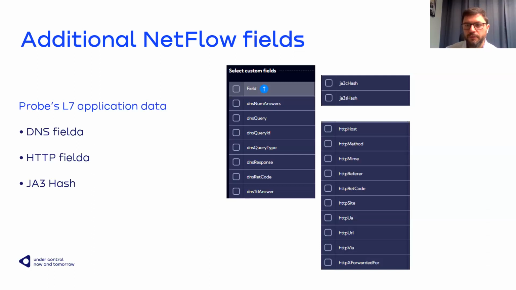Because, for example, every single virus creates its own JA3 hash. So if we calculate the JA3 hash and compare it with the suspicious JA3 hashes, it's easy to find suspicious communication in the network. So this is the enhancement from the probe side.